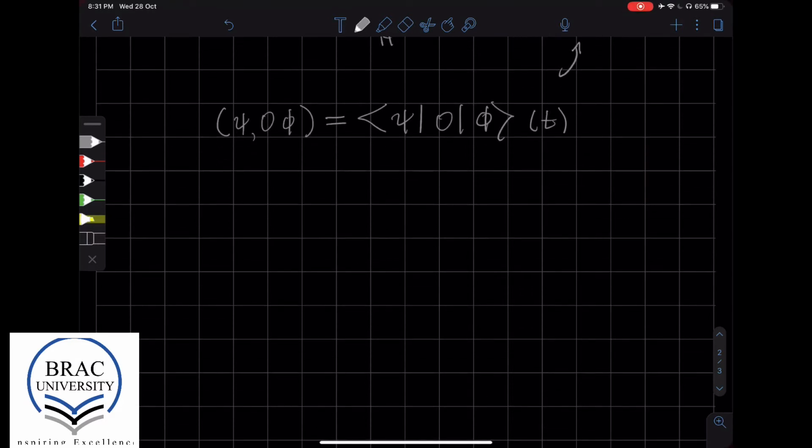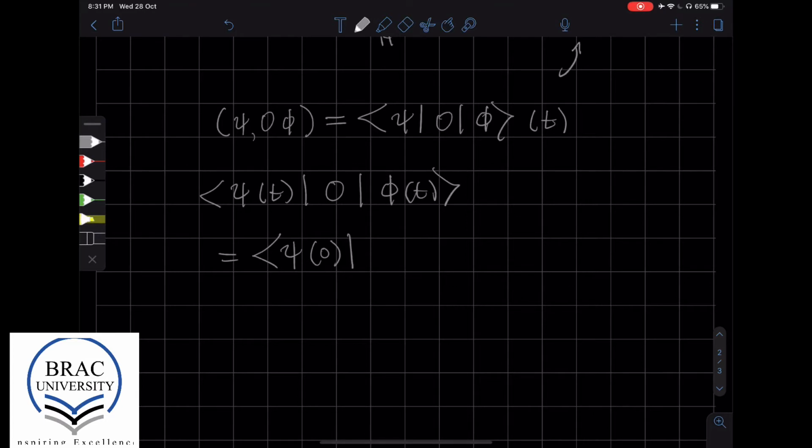And so we can write this as psi of t, O, which is not time dependent, phi of t. But we can write the state psi of t as psi at 0 time evolved. So because it's the Hermitian conjugate, I get a plus sign here. And then I've got an O here. And then on the right side of O, I get minus i H t acting on phi of 0.